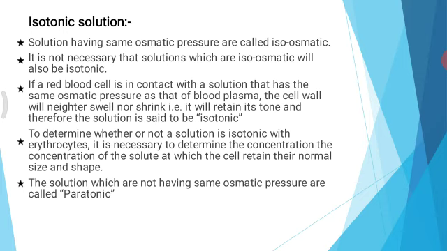While comparing a solution with one of known osmotic pressure, those which exert a greater pressure are called hypertonic, and those with a lower pressure are called hypotonic. Blood plasma contains 0.88% of inorganic salts, mainly sodium chloride, which make the main contribution to osmotic pressure.